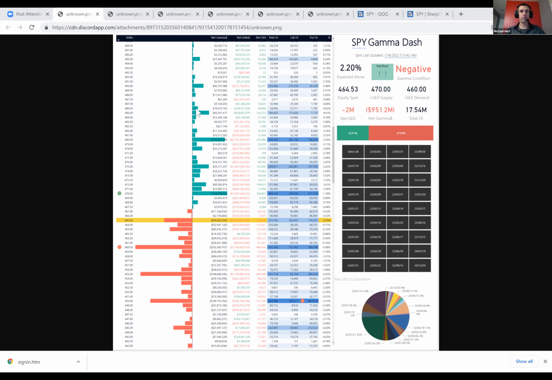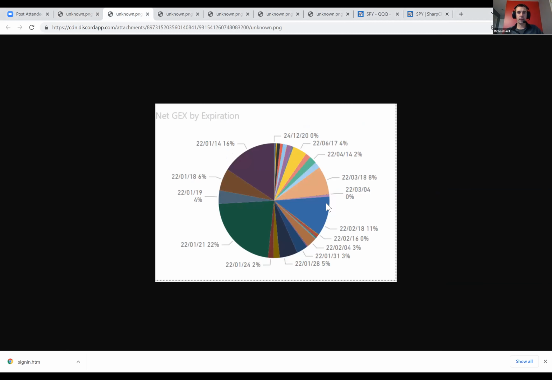Definitely agree. The next chart is net GEX by expiration, a little pie chart that shows us the percent expiry. The key thing to take away is that as different expirations roll through, the impact on the options complex is pretty significant. You can see for the 14th, which is 16%, relative to everything else here, it's the second largest number.